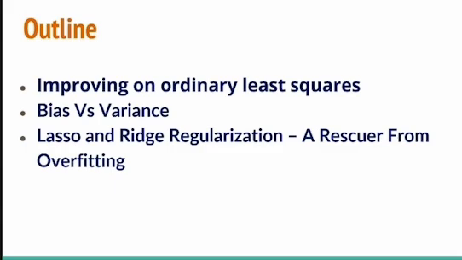Because we normally have issues with bias and variance, I'm going to explain the connection of bias and variance in this. Lastly, I'm going to spend my time on the methods of shrinkage, also called the methods of regularization.